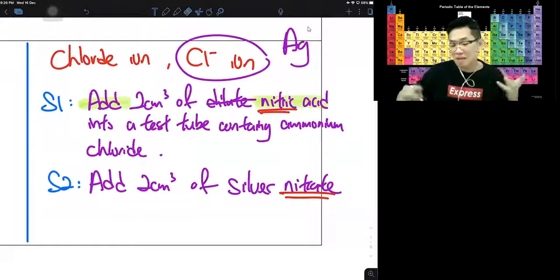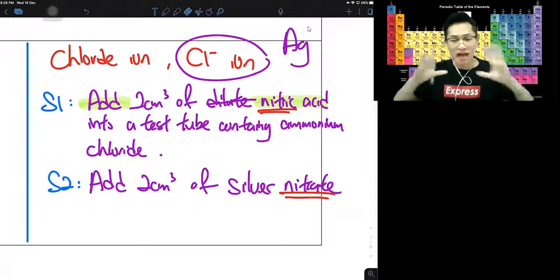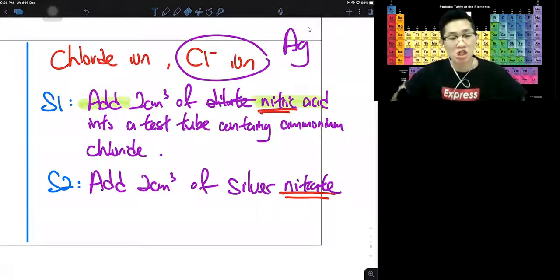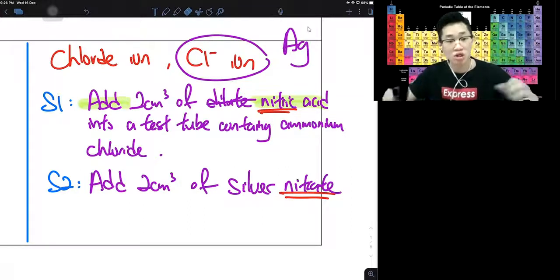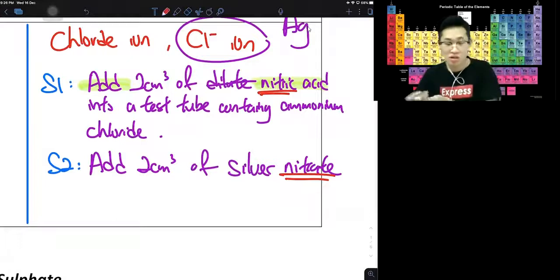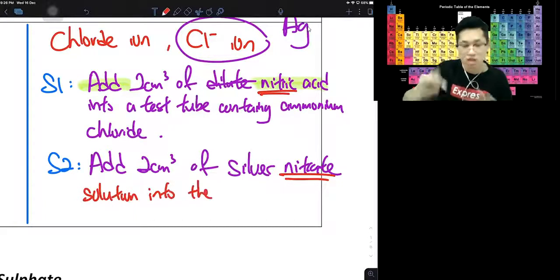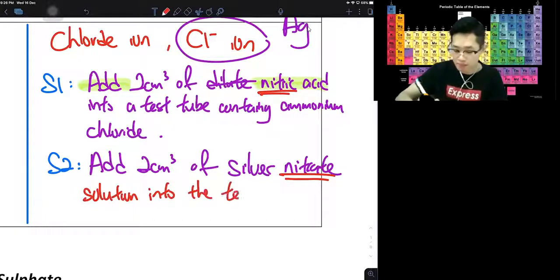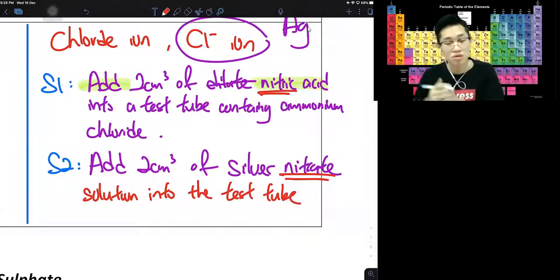Let's say you use silver carbonate or silver chloride, then die. Whatever test, when they want you to suggest a solution like electrolysis, always go for nitrate. Sure correct, because it's always soluble. So I would say add 2 cm cube of silver nitrate solution into the test tube, or into the mixture, also can.